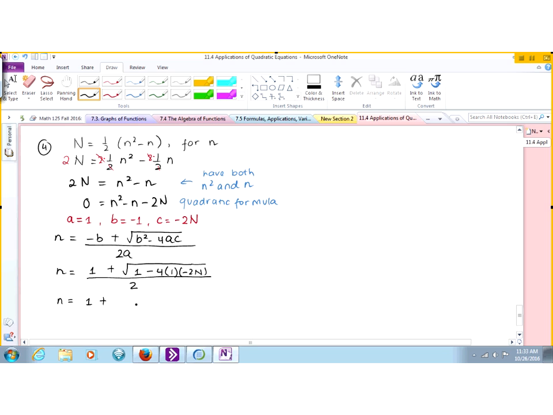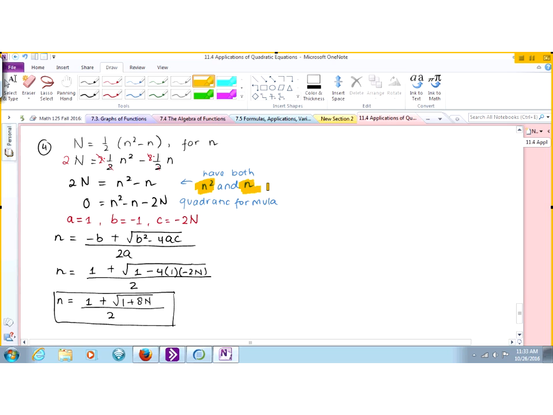So this is 1 plus, what about this? Square root of 1 plus 8n divided by 2. That's it. So when do we use the quadratic formula? When you have both n squared and n.